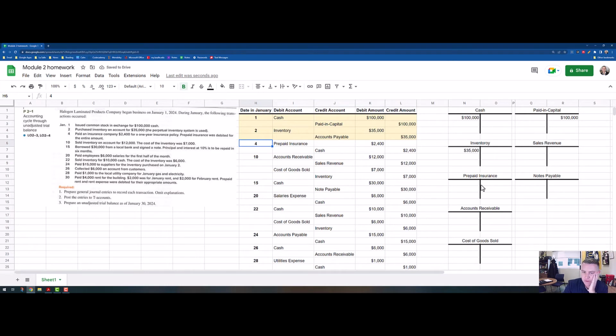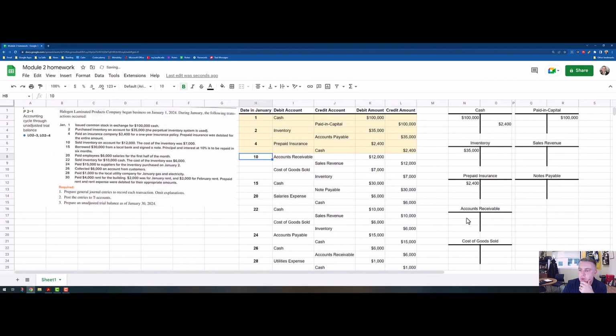Prepaid insurance is going to be a debit, and cash is going to be a credit. Right there. What did I do? Equals debit. Got it. All right, that's done. Let's mark this done.